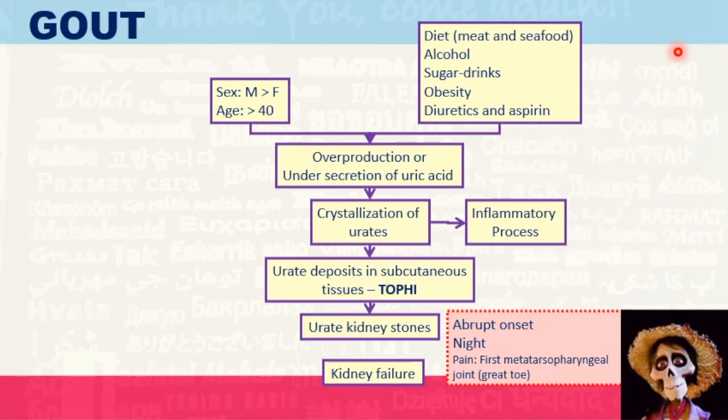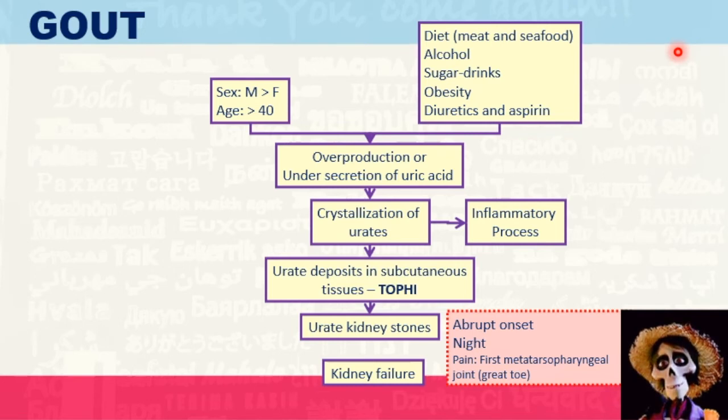Now, the urate deposits in the subcutaneous tissues are oftentimes referred to as tophi. Okay, take note, subcutaneous tissue. That's why in severe cases of gouty arthritis, you will see patients with white chalky discharges even on their auricle or pinna of the ears. That's where the deposits of your uric acid may arise.